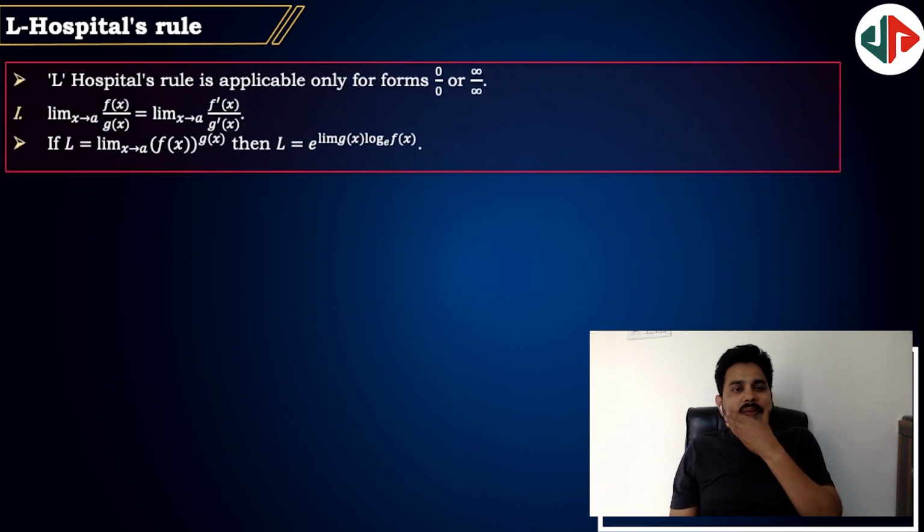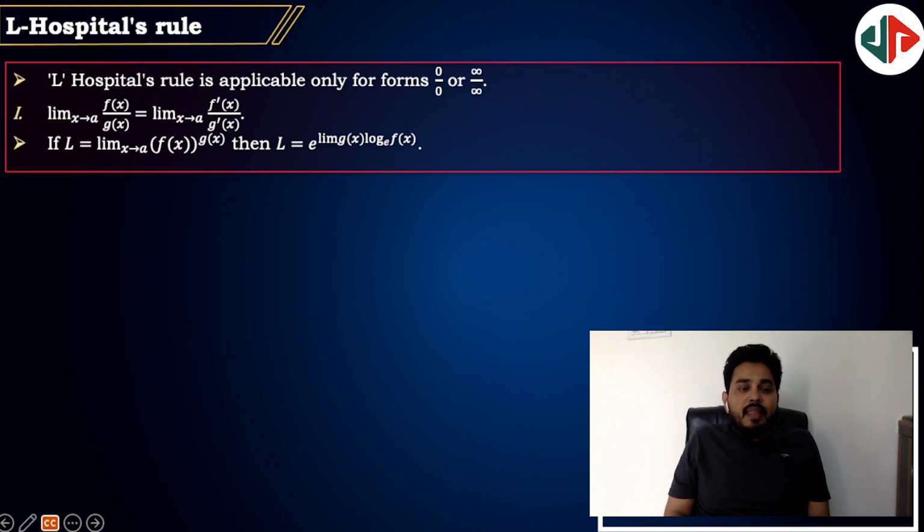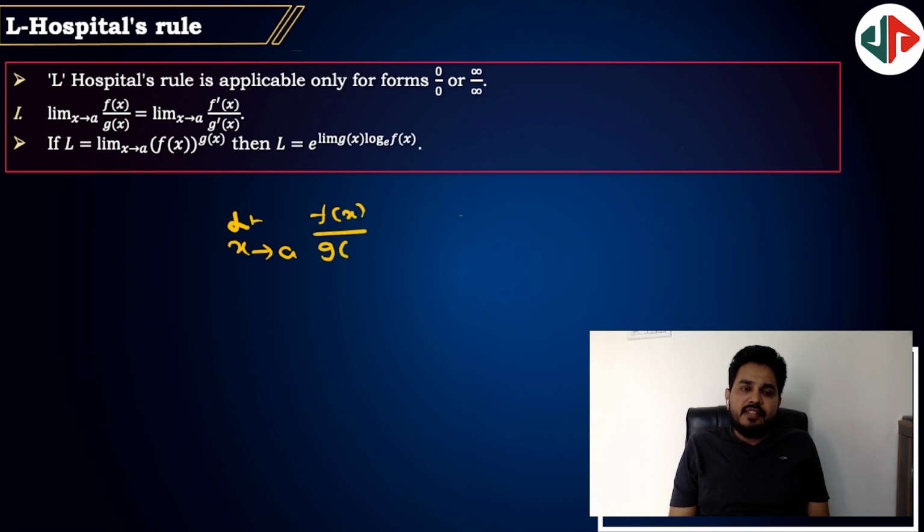Now, L'Hospital rule. When to use L'Hospital rule? You have limit extending to a, f of x by g of x. This is of the form 0 by 0 or infinity by infinity.